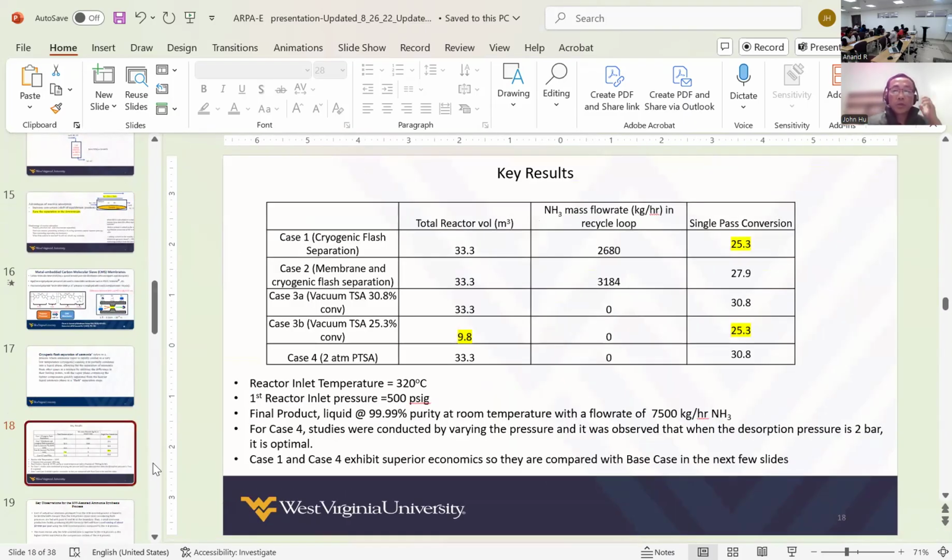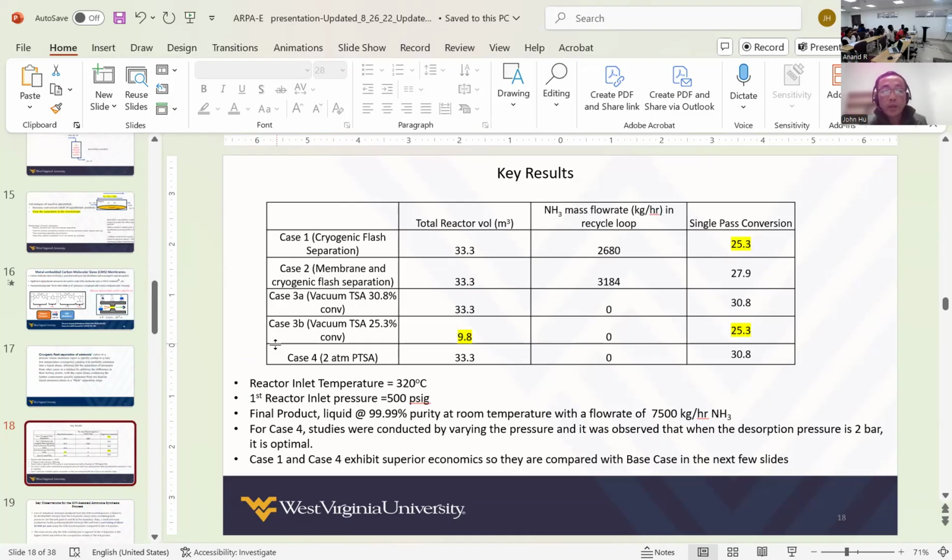So here's the key result. Remember we have the different cases: case 1, case 2, case 3, which we went through already. This also tells you case 1 is cryogenic flash separation. Case 2 is membrane separation, remember that's the ammonia membrane. And also at the beginning today, we talked about the vacuum TSA, thermal swing operation.